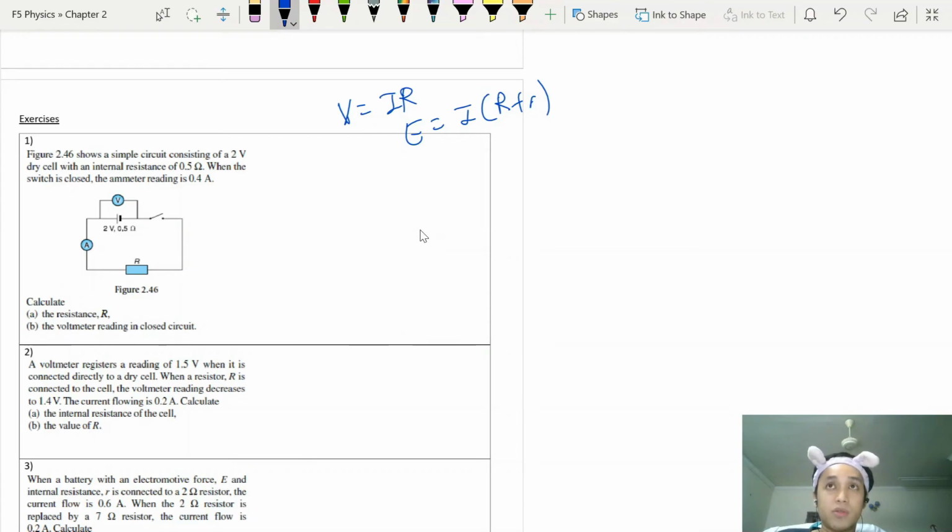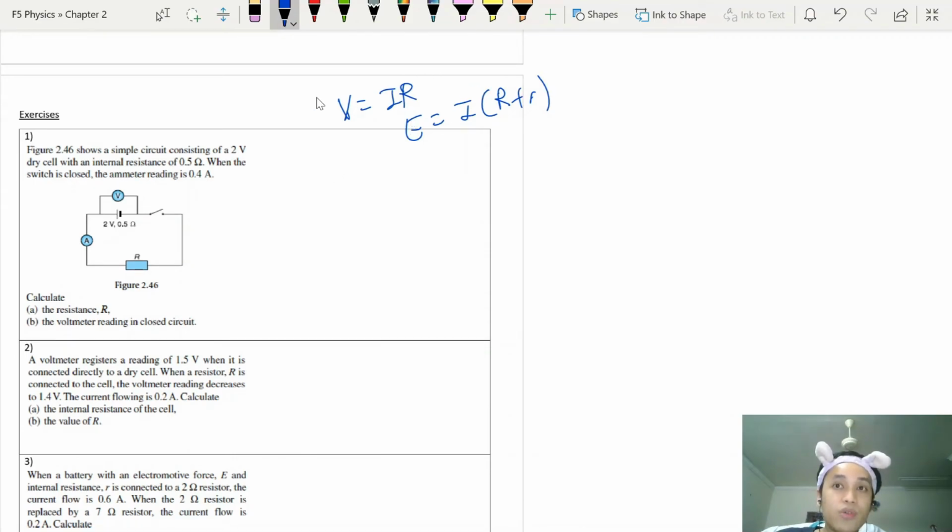So let me show one example on how we use this formula to calculate. You need to know what you need to find. Internal 2 volts dry cell. So remember, 2 volts dry cell, meaning my EMF E is 2 volts.